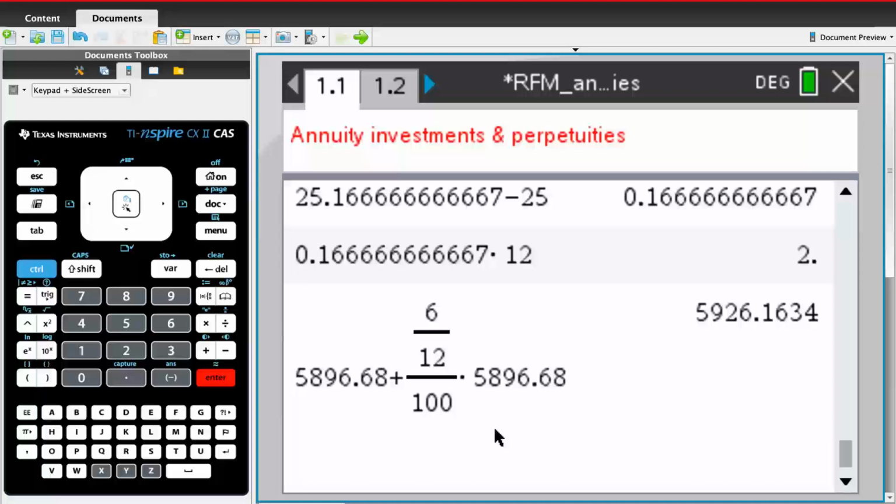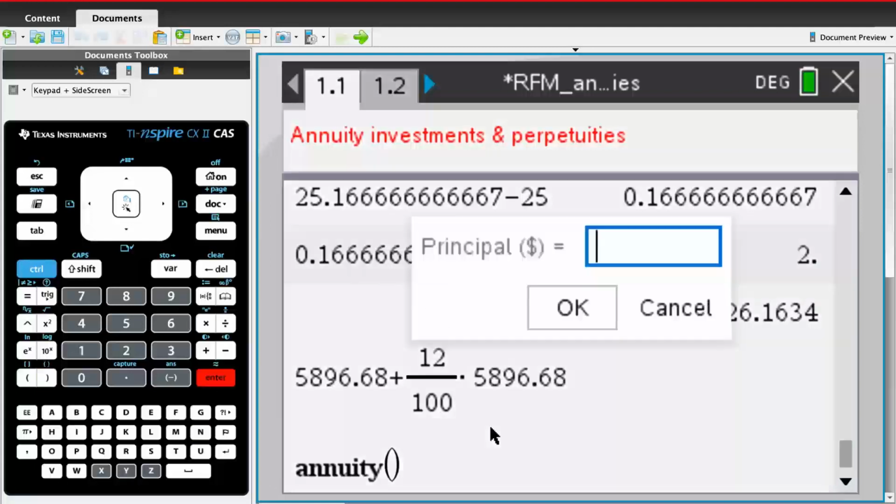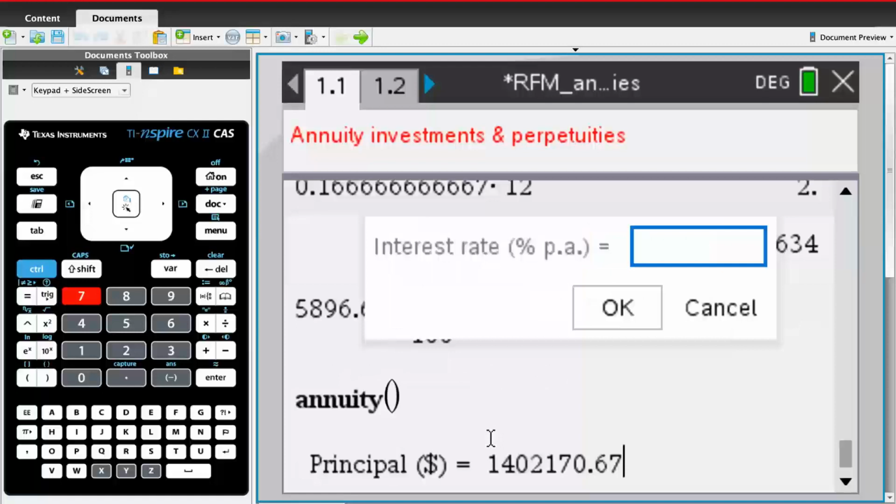And then just to finish off, because we've got 2 or 3 minutes left, we're going to try doing the same thing with the annuity program. And the principal is $1,402,170.67. The interest rate is now 6%.